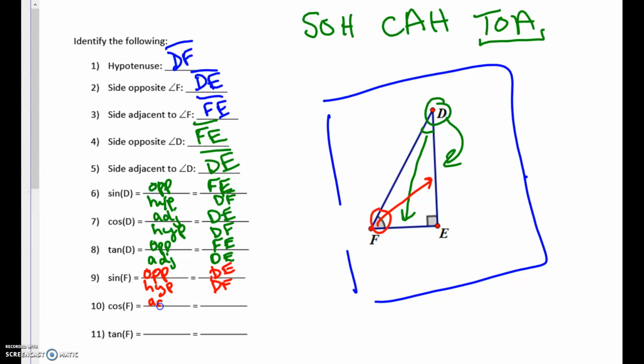Cosine is always adjacent over hypotenuse, right? My adjacent to angle F is FE, and my hypotenuse is still DF. And then tangent of angle F is always opposite over adjacent. My opposite of angle F is DE, and the adjacent side to angle F is FE.